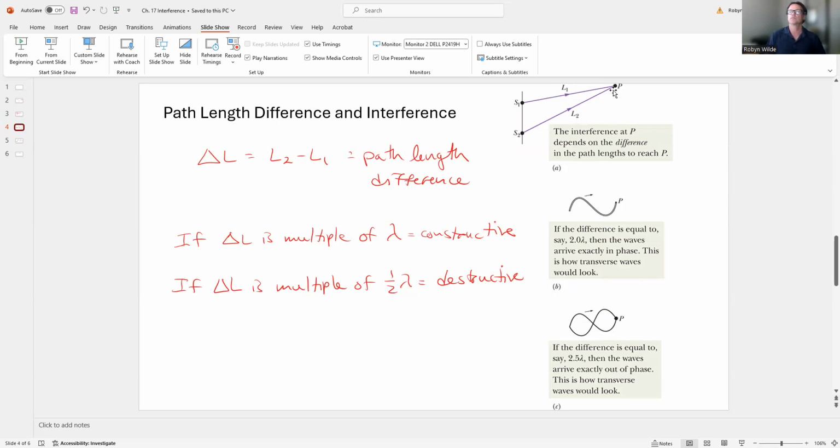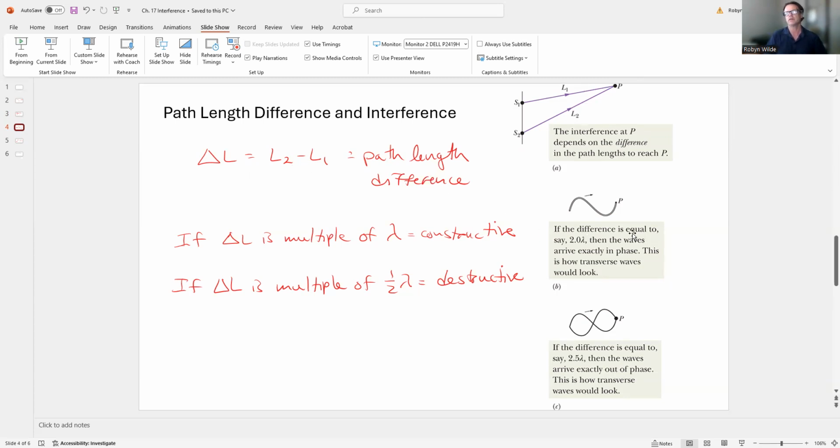And I'm standing over at this point P. When the sound waves reach point P, they have traveled different distances, L1 and L2. Now, if L1 were equal to L2, they would just be the exact same, and I would get constructive interference. But if L1 and L2 are different, I get what is called a path length difference. Let's call it delta L. It's L2 minus L1. That's our path length difference.